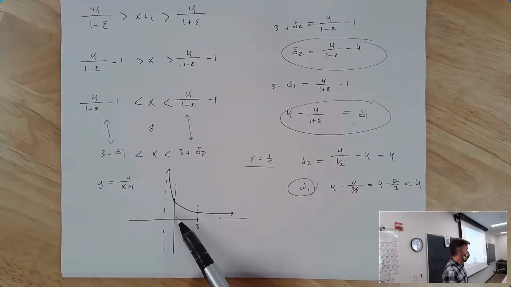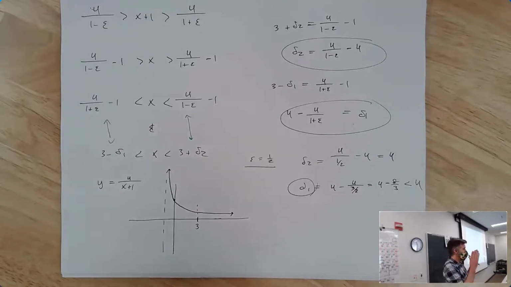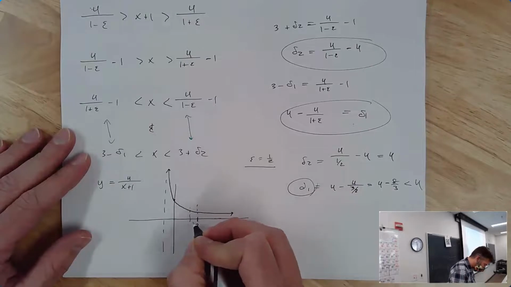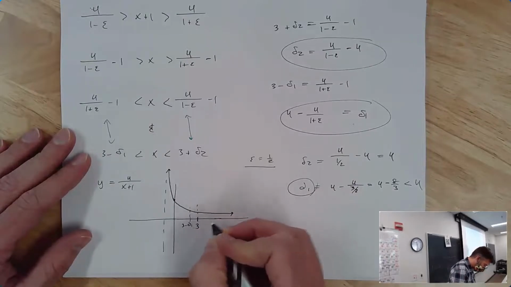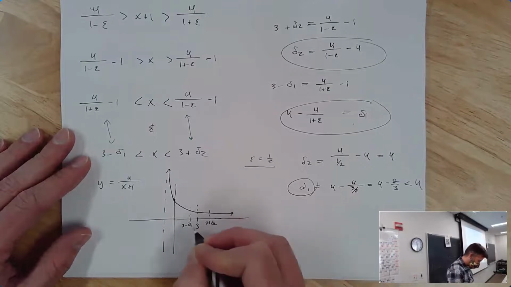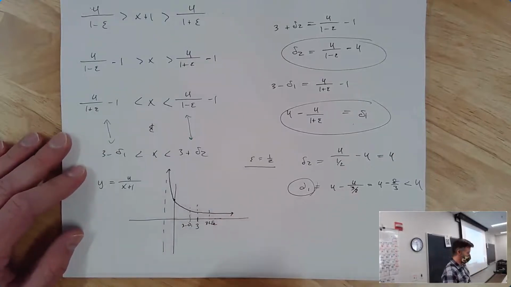That's the side you want. The steeper side is the side that's going to have less x for the same amount of y. So we know that over here at 3 minus delta 1 versus over here at 3 plus delta 2, that's going to be the side we want, because that's going to give us the lesser amount of x.